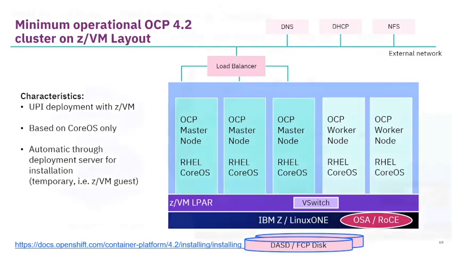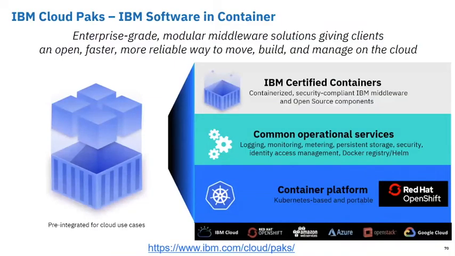Now, IBM's response to OpenShift is to build the software based on the concept of OpenShift with these common operational services, build the software in containers, package that together, and sell it as so-called Cloud Paks. So a Cloud Pack is a combination of OpenShift, common operational services, and certified containers. OpenShift is part of the Cloud Pack.